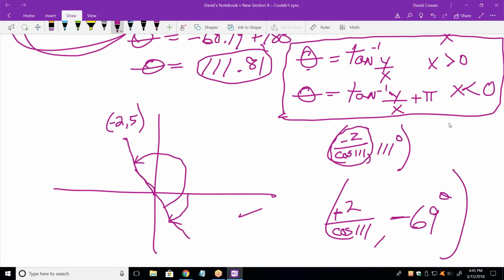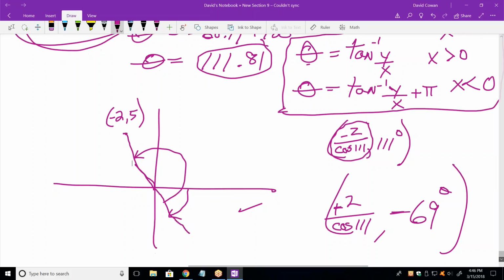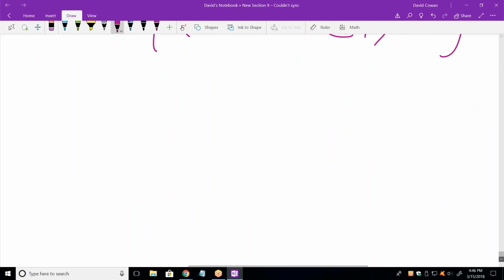So one of the other answers is just to not add the pi and to reverse the direction of the r. I'm not sure you're clear about this. Let me just explain something, make sure you are clear about it.